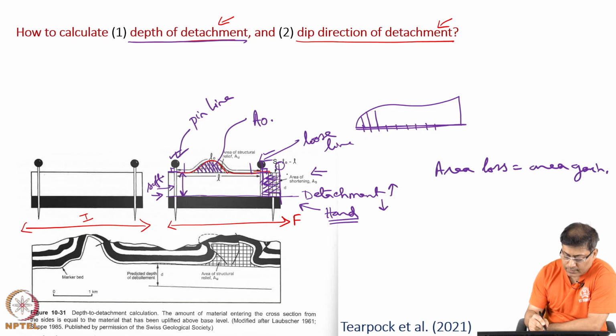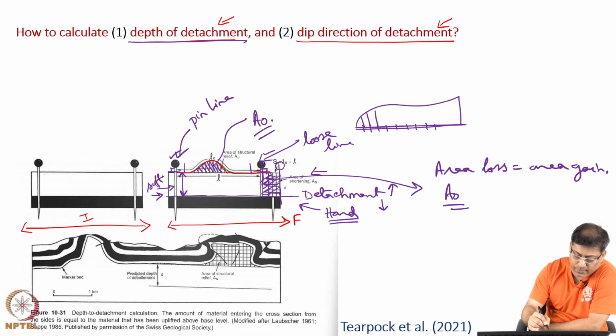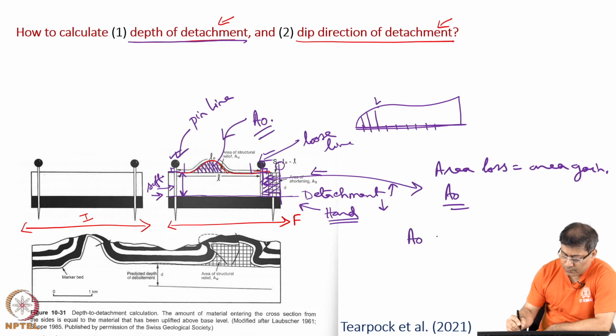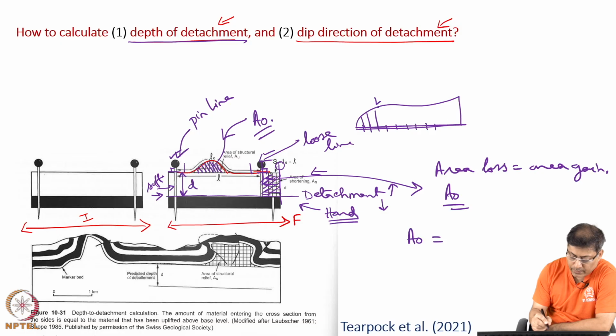Then this rectangle's area should be equal to A0, as A0 is the area obtained here using this process. This A0 must be equal to the depth of detachment D, which is here, depth multiplied by the distance between the loose lines before and after deformation, that is the distance between the loose lines.